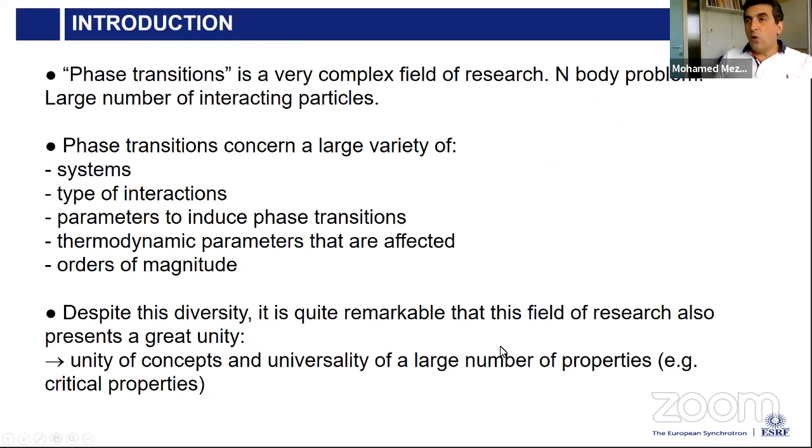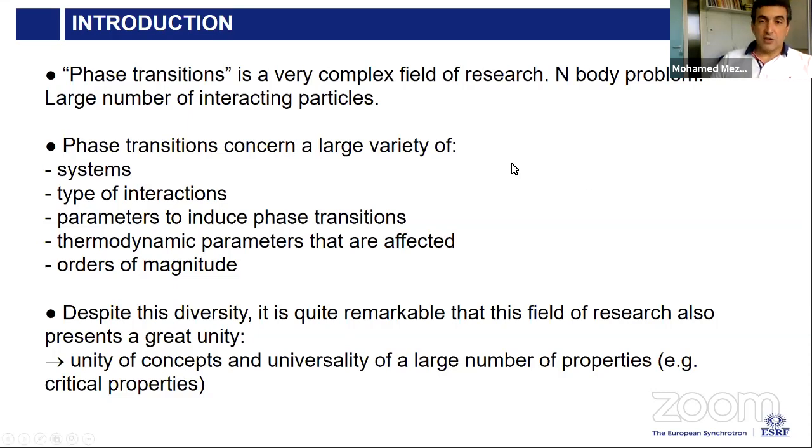So we are all actually familiar with phase transition. It is a very intuitive phenomenon. But at the same time, phase transition is also a very complex field of research. The reason is that it's a typical n-body problem where you have a large number of interacting particles, and basically you cannot neglect these interactions. So a very complex problem.